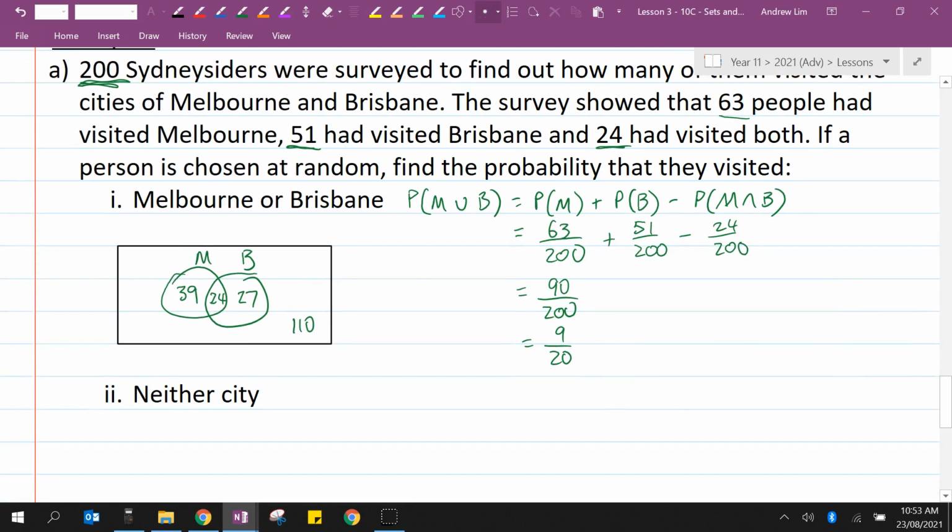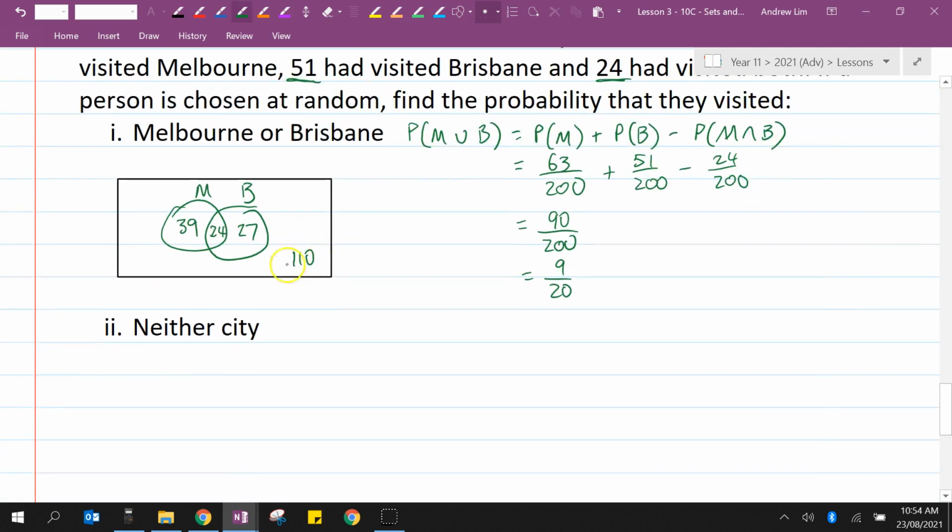Alright, so find the probability that they visit neither city. Well, that's just 110 out of the 200, or 11 out of 20.